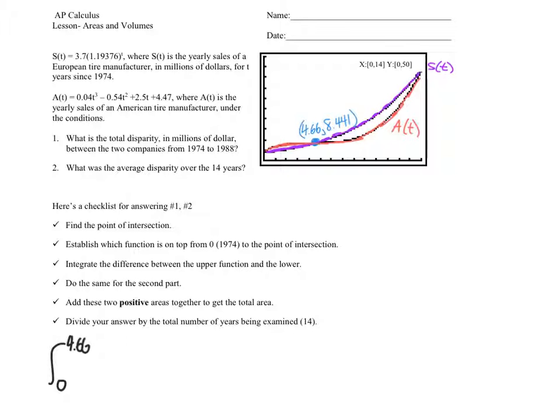All right, so what's happening is that we need to subtract from the a of t function the s of t function, all right, over that first interval. So I'm going to write a of t minus s of t dt.